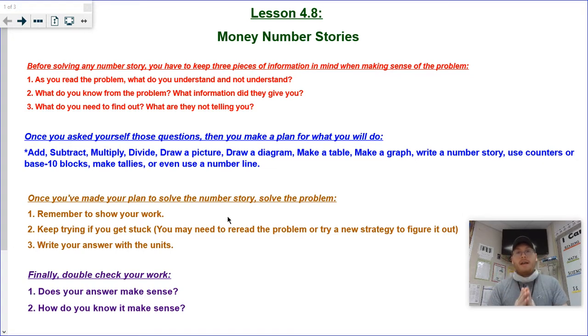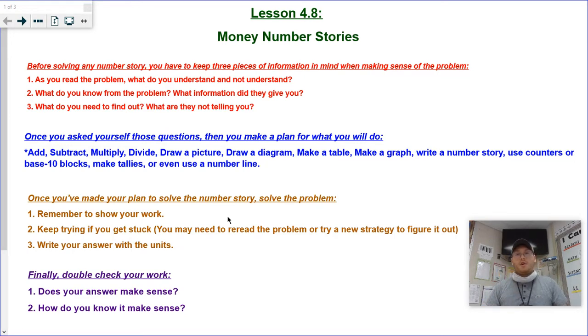Okay. Does my answer make sense? You have to ask yourself that question. If it makes sense, that means everything is going to add up together or subtract together or multiply together or divide together in order to come up with those specific numbers that you got in your original problem. And then finally, number two, how do you know it makes sense?